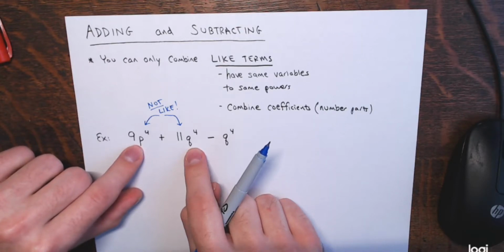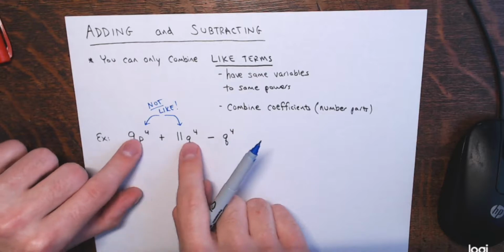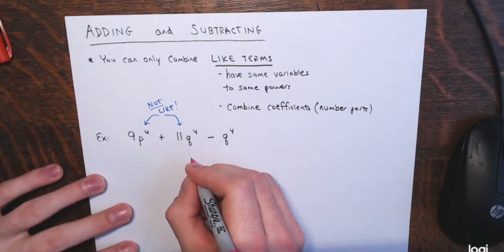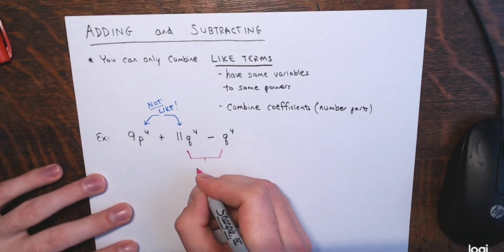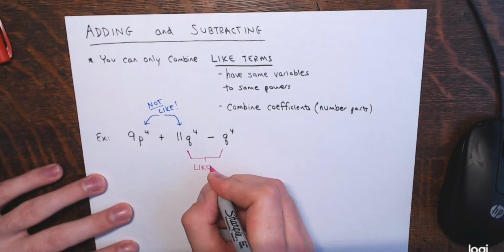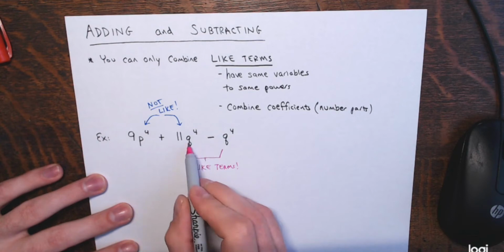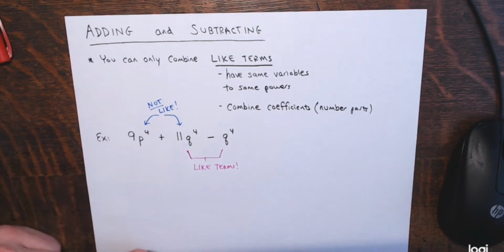The second term has a variable q, which is totally different. So I can't put these together. I can't add these. So be careful with that. But these two terms, the last two terms, the second and third term, these are like terms. They have the same variables to the same powers on those variables. They both have q to the fourth.